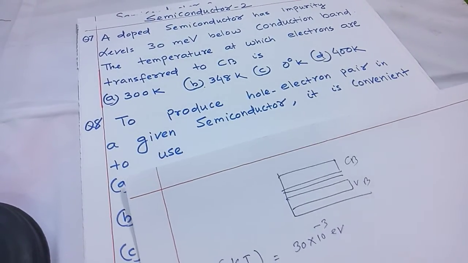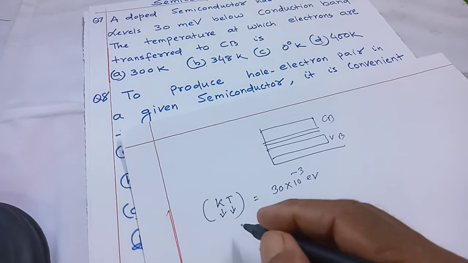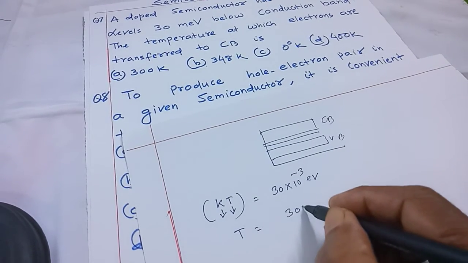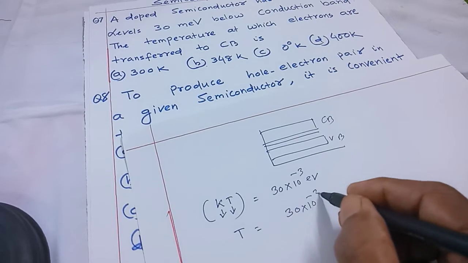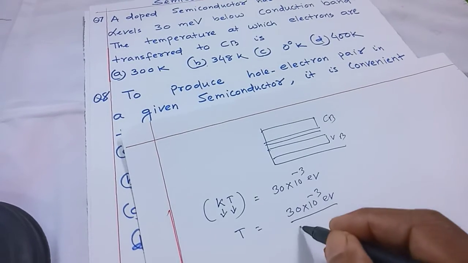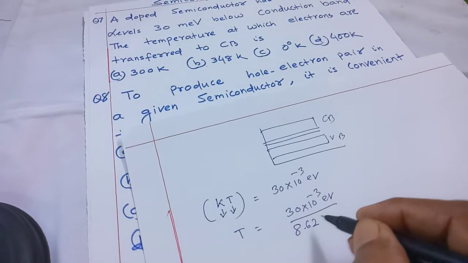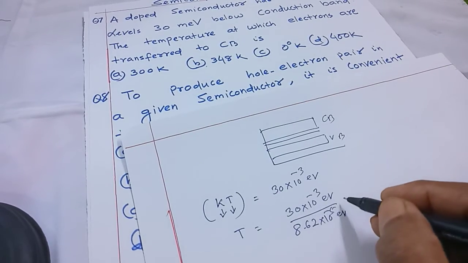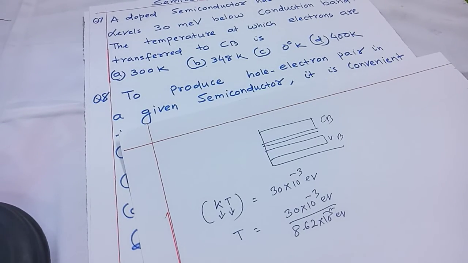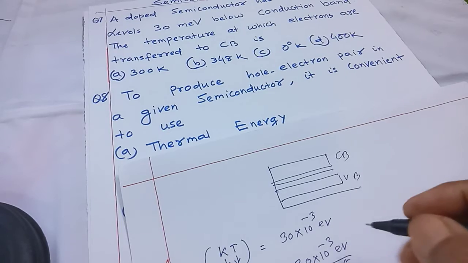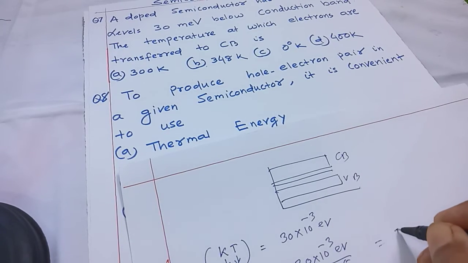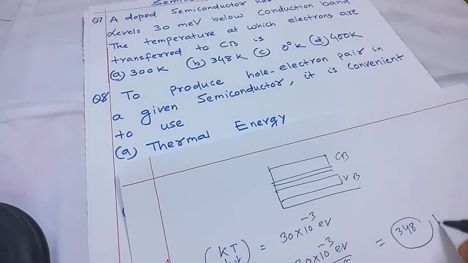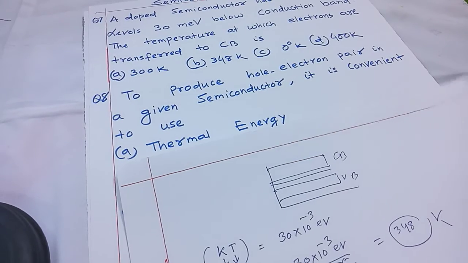And we can calculate, knowing the value of k, T equal to 30 milli electron volt per 8.6 times 10 to the power minus 5 electron volt. When this is calculated, this comes to around 348 Kelvin. So the correct answer is 348 Kelvin.